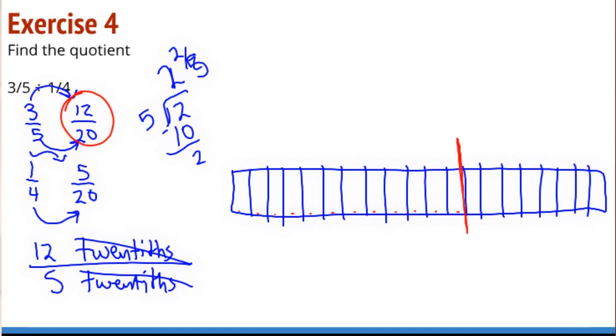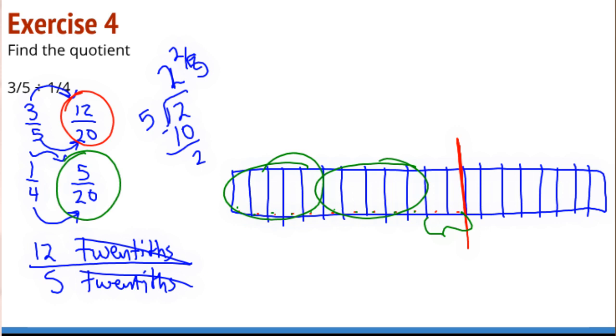All right, there's the 12 20ths. And I need to make groups of 5 20ths. 1, 2, 3, 4, 5. So there's a group. 1, 2, 3, 4, 5. So there's a second group. And here's my little leftovers. So I've got 2 whole groups of 5. And I have 2 pieces left over, 2 and 2/5.